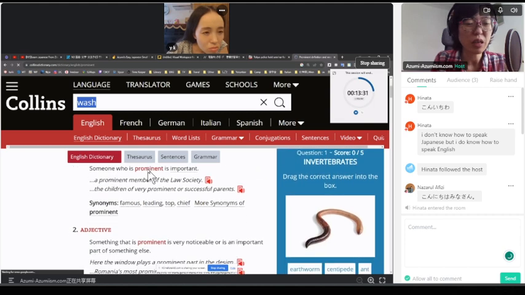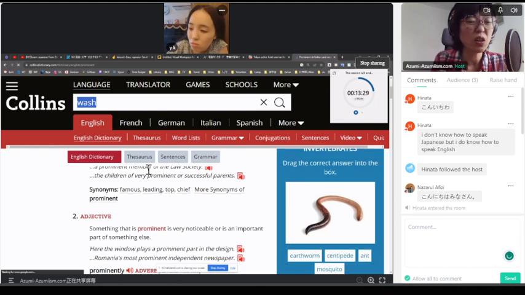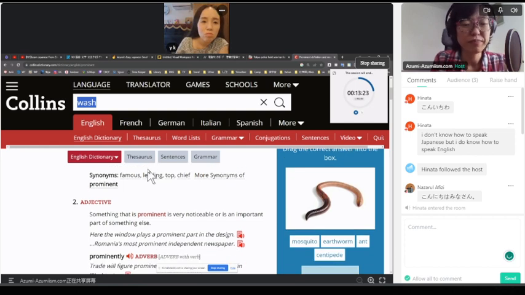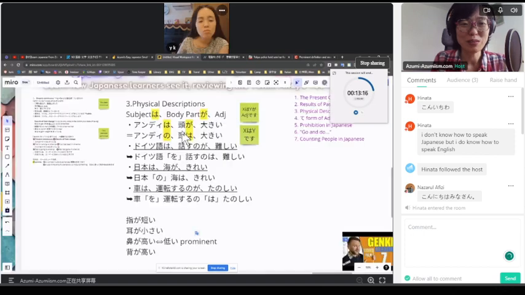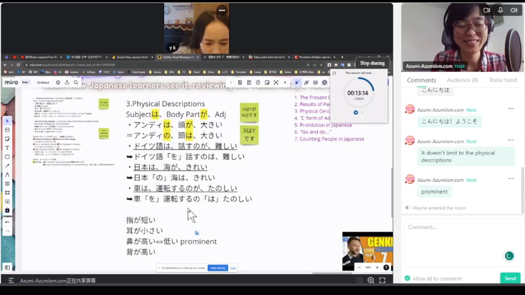Or something that is prominent is very noticeable. すごく気づきやすい。Or is an important part of something else. So noticeable. Prominent is very noticeable.